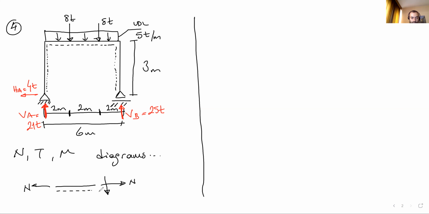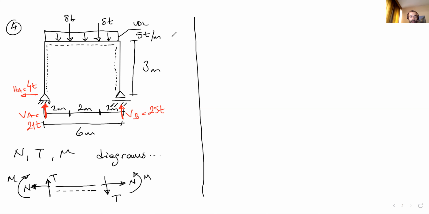If this goes down, this is T. At left-hand side, it goes up. And this is the moment positive. Okay, this is the moment positive. So here, this is a reminder. I suggest you to always draw these positive directions when you start the calculation.